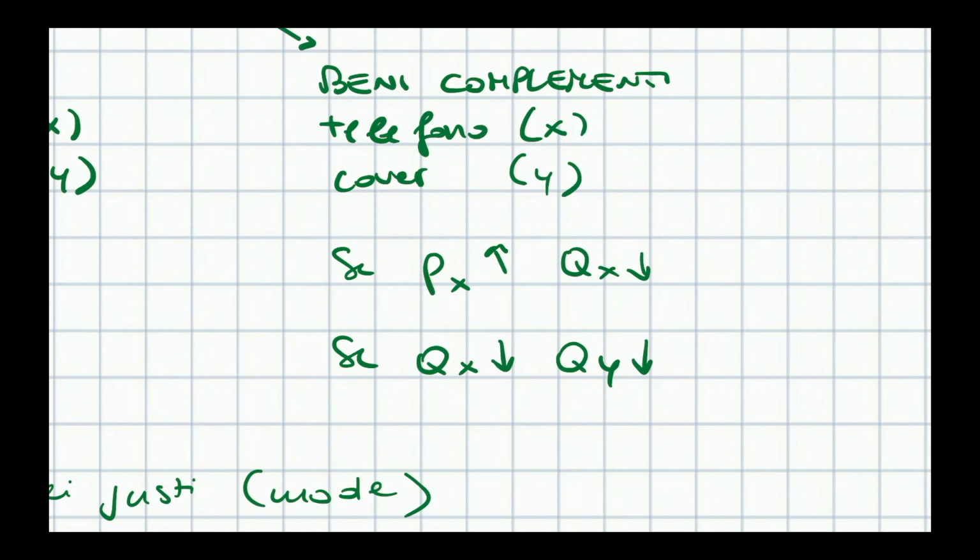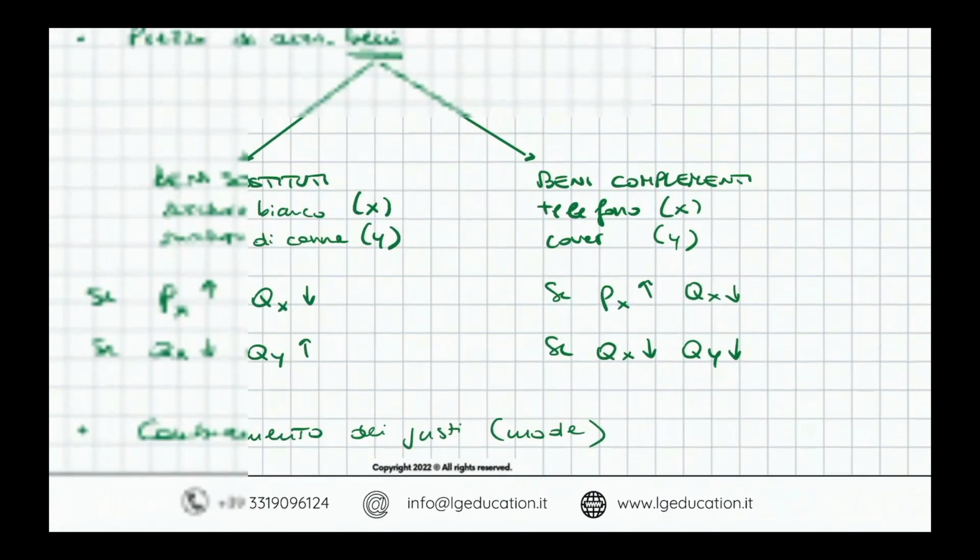The phone price is increasing while phone quantity is decreasing. And if phone quantity decreases, cover quantity will also decrease. With the complementary goods, an increase in the price of one good leads to a decrease in the quantity of the other good. This will also obviously be a curve movement.